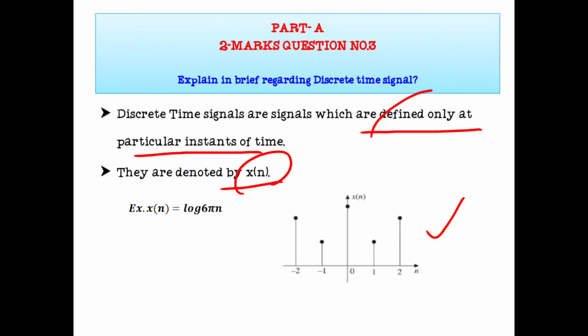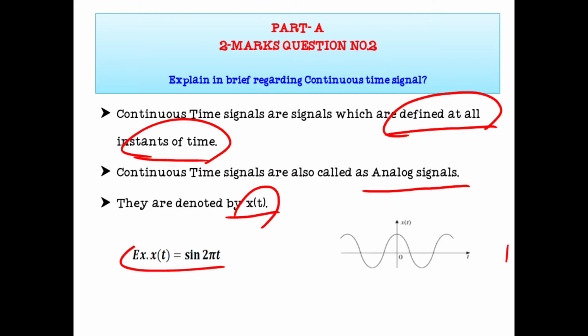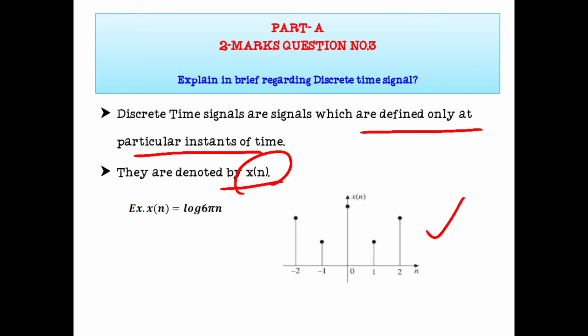Discrete time signals are defined only at particular instances of time. You can write the third point as an example, x of t equal to sine 2 pi t. In discrete time signal, you can write the example x of n is equal to log or exponential of 6 pi n, any example.